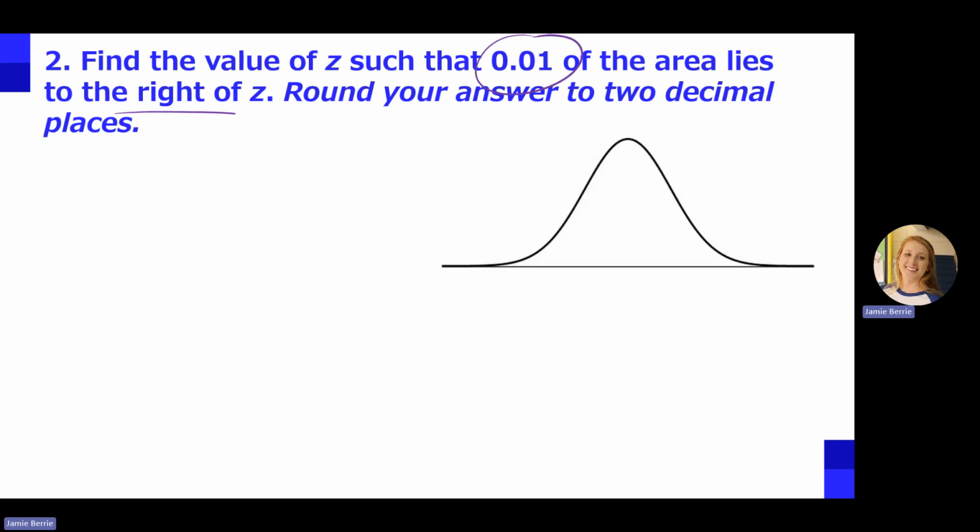All right, so again, we see that variable z. We know we're in the standard normal distribution with a mean of 0 and a standard deviation of 1. So I'm going to put my mean in the middle, and I've got 0.01 of the area lying to the right of z.